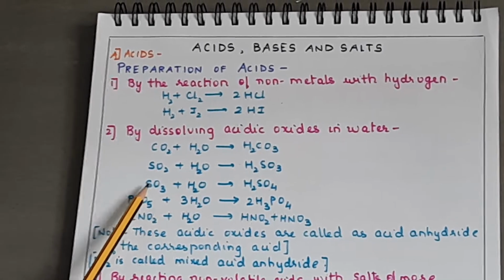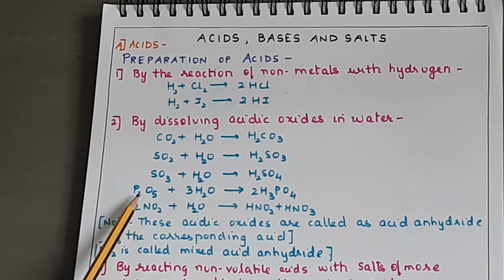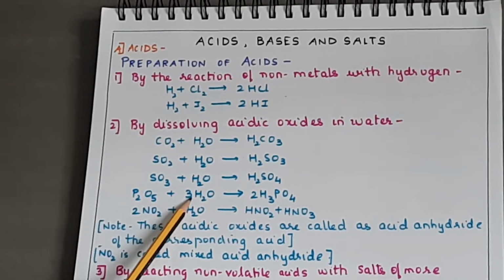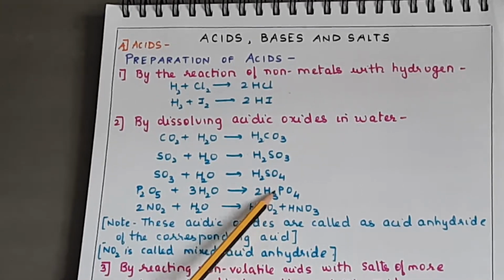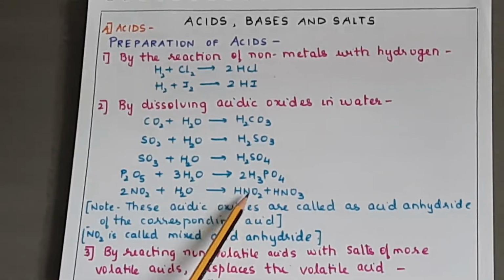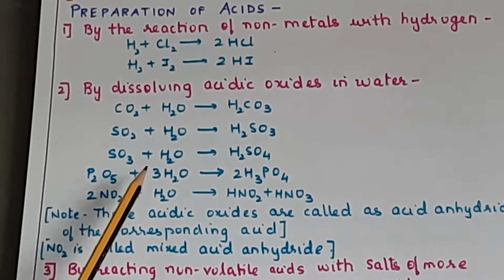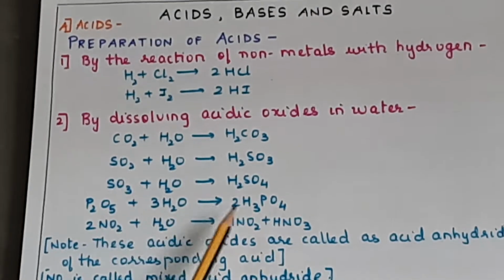Sulfur trioxide, SO3 plus H2O, gives sulfuric acid. Phosphorus pentoxide plus water gives phosphoric acid. And nitrogen dioxide plus water gives both nitrous acid as well as nitric acid. So by dissolving all these acidic oxides in water, you get the corresponding acid.